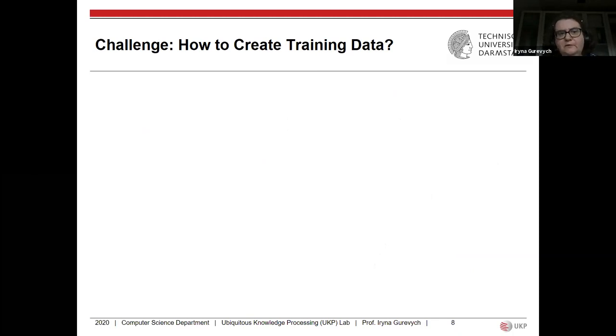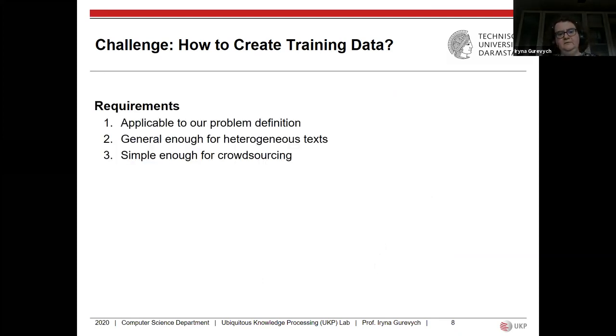The first challenge to be solved in this kind of research work is to create training data, because when we have started doing research on this, there were no existing benchmarks on argument mining. We have several requirements that our annotation scheme needs to comply with. First, it should cover our application scenario and the problem definition of the sentence level argument classification, as I've just described.